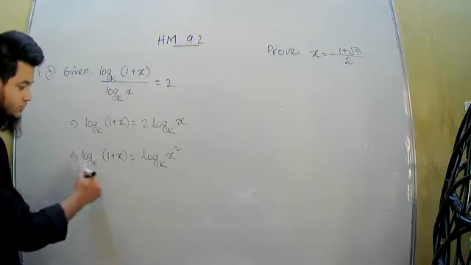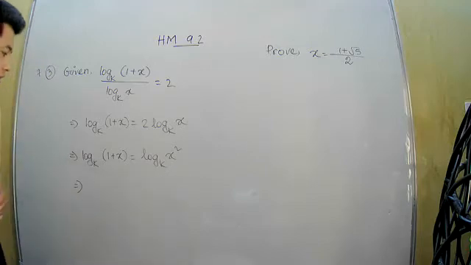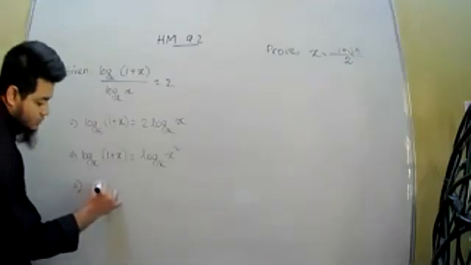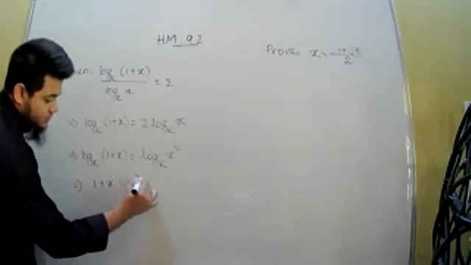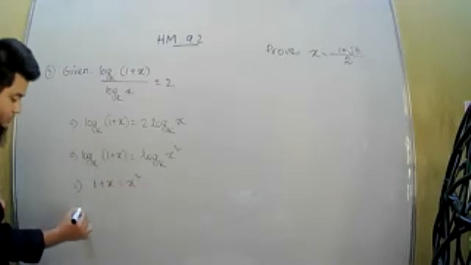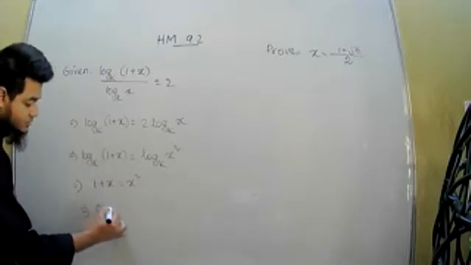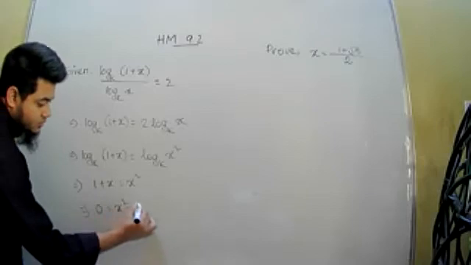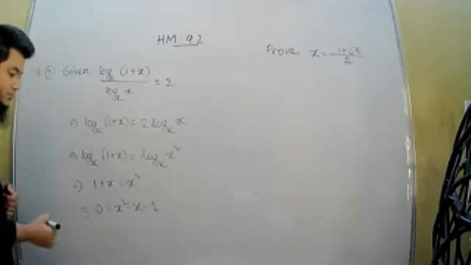So from both sides, if we cancel log k, then it will be 1 plus x is equal to x square. And if I shift all the terms to the right hand side, it will be 0 is equal to x square minus x minus 1.